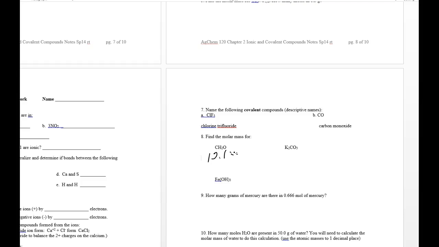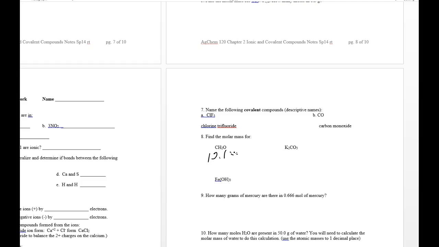Okay, number 10. How many moles of water are present in 50.0 grams of water? You will need to calculate the molar mass of water to do this calculation, and you're supposed to use the atomic masses to 1 decimal place. So this answer, they want it to 1 decimal place. So what do I have to do? Molar mass of water?